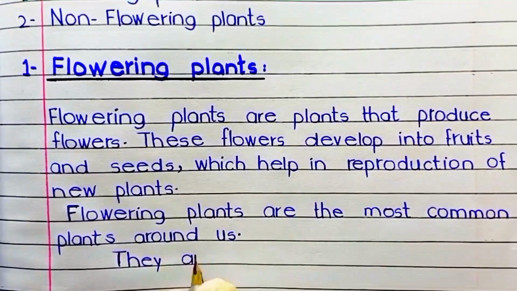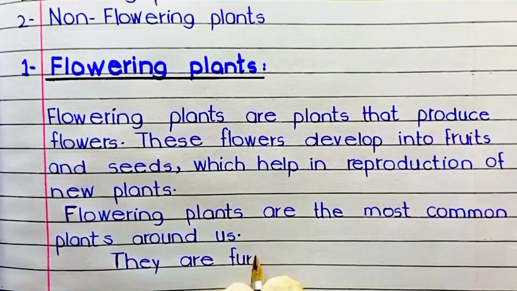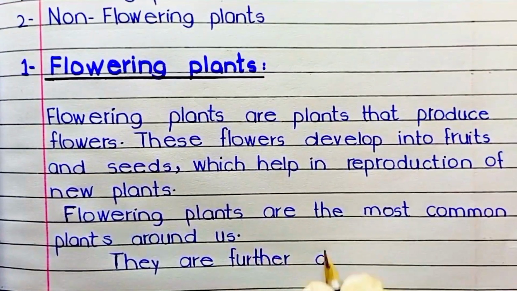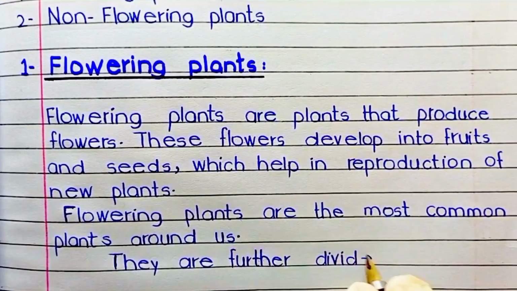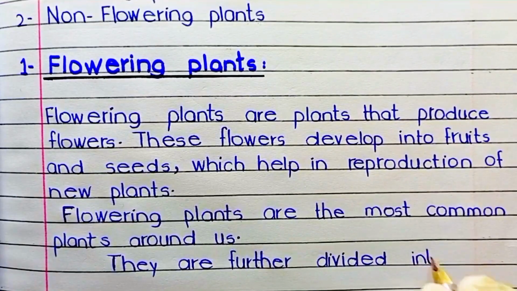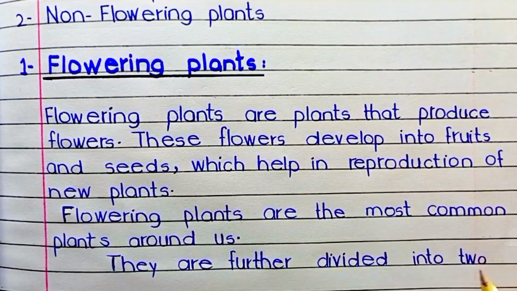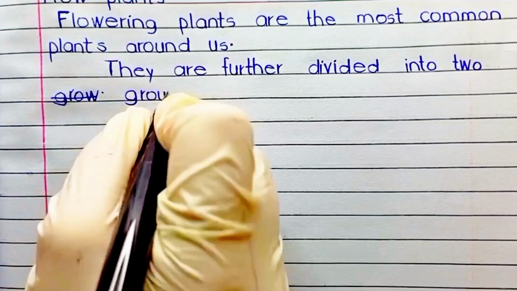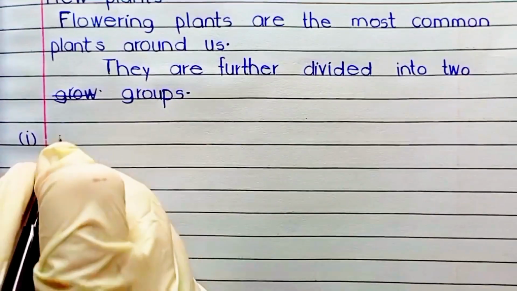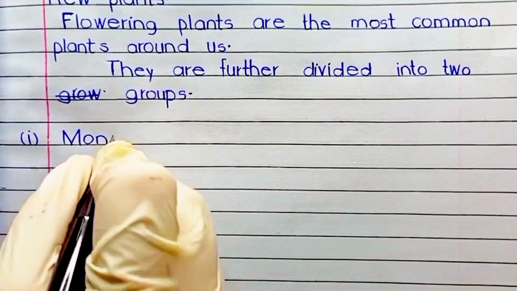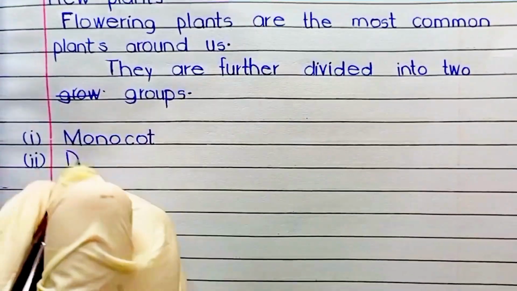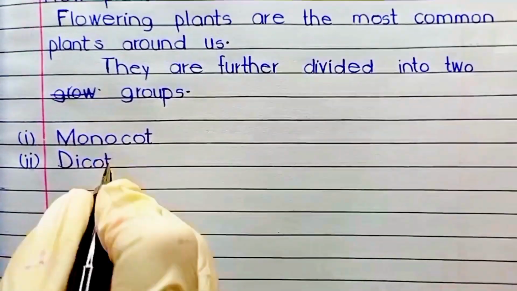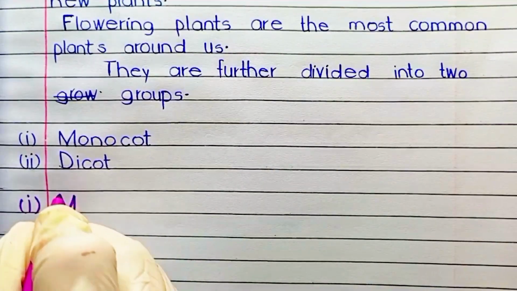They are further divided into two groups. First is monocot, second is dicot.